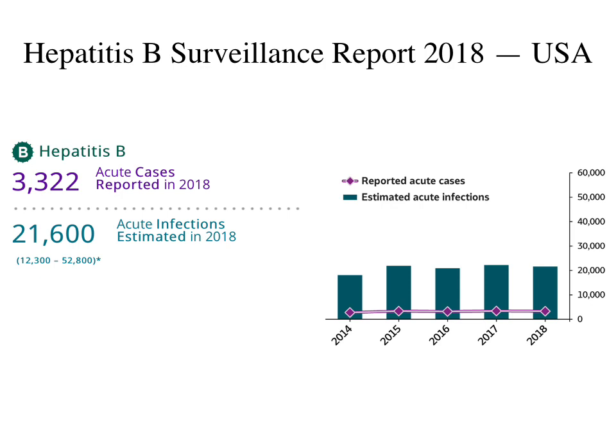Rates of acute hepatitis B remain low in children and adolescents, most likely due to the childhood vaccinations. However, over half of acute hepatitis B cases reported to CDC in 2018 were in the age group of 30 to 49 years old.